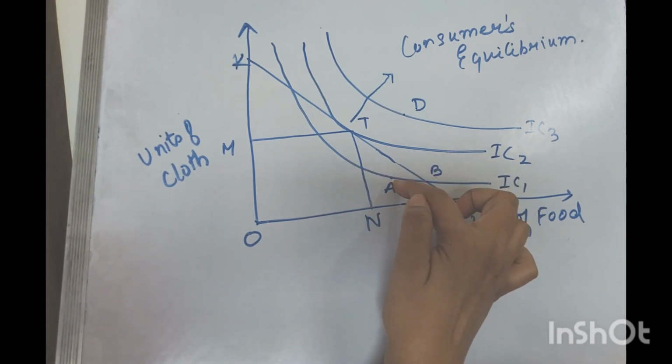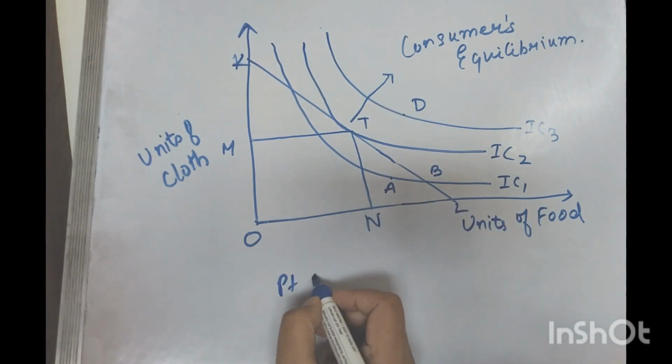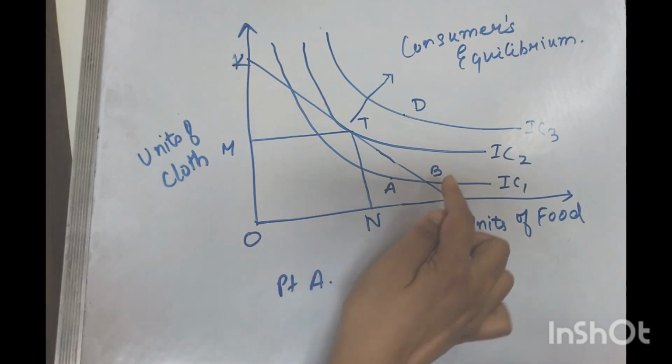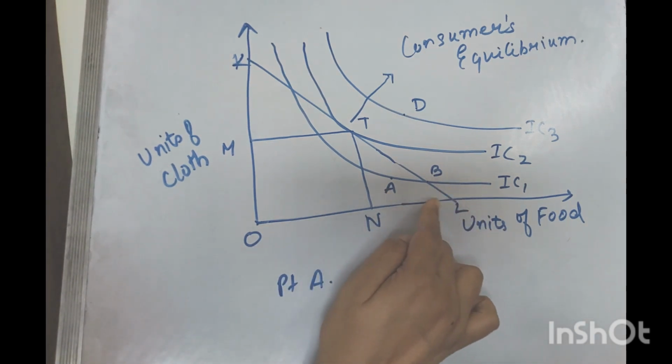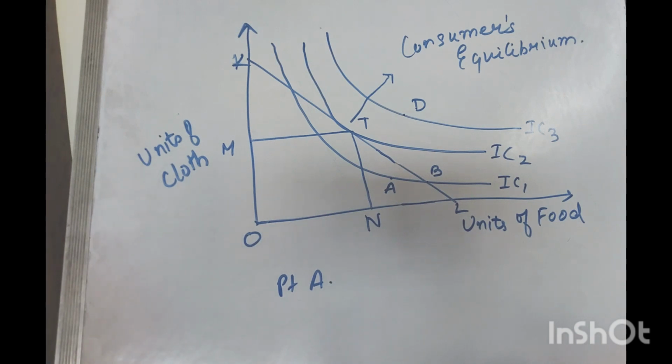Suppose combination point A is lying inside the budget line. The consumer will not buy any combination inside the budget line because it lies on the lower indifference curve. IC1 is the lower indifference curve here.